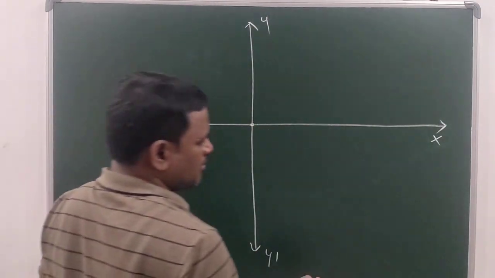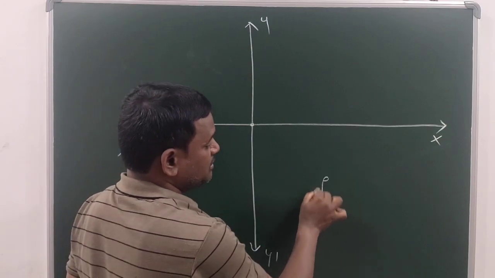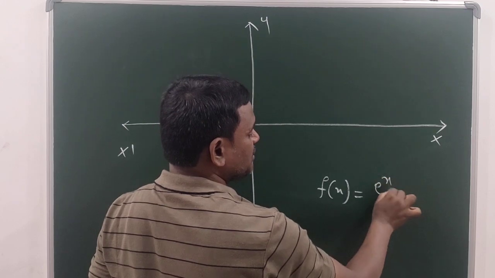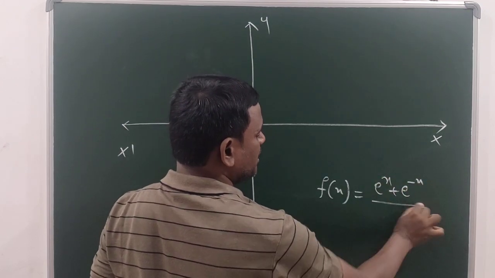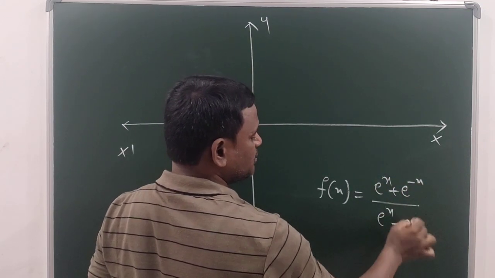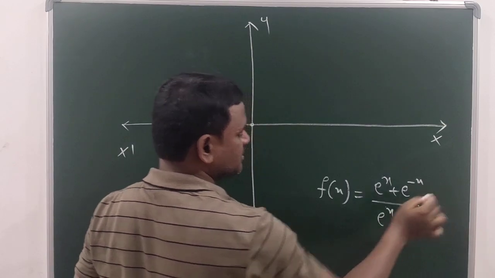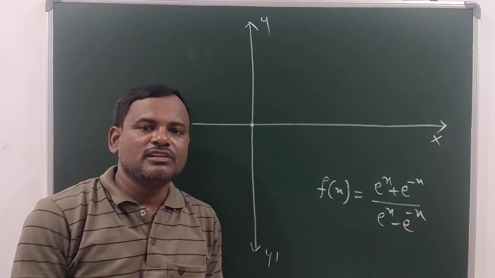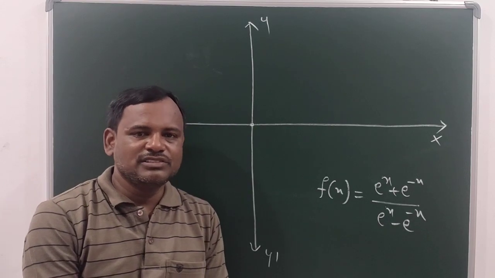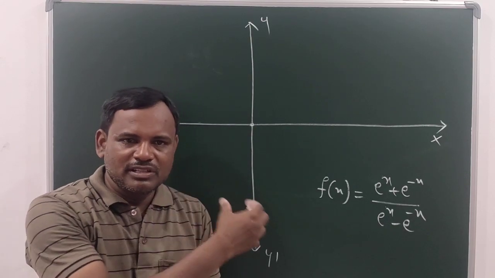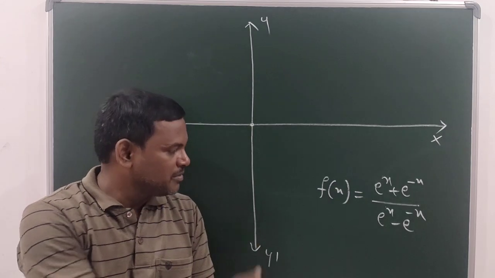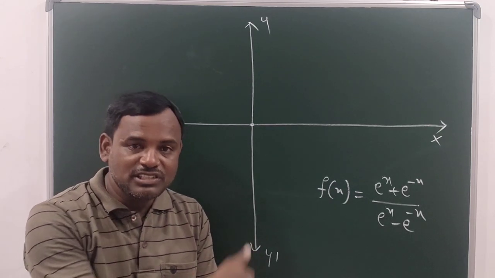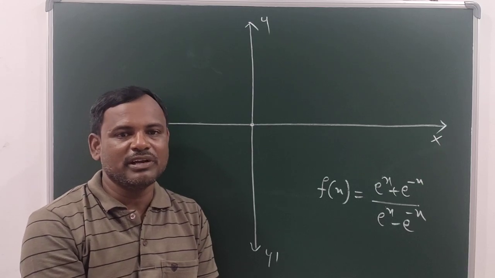See, what is the definition of the function? f of x is equal to e power x plus e power minus x by e power x minus e power minus x. We learned its domain is R minus 0. So the domain contains R minus 0, meaning 0 is not included in the domain.